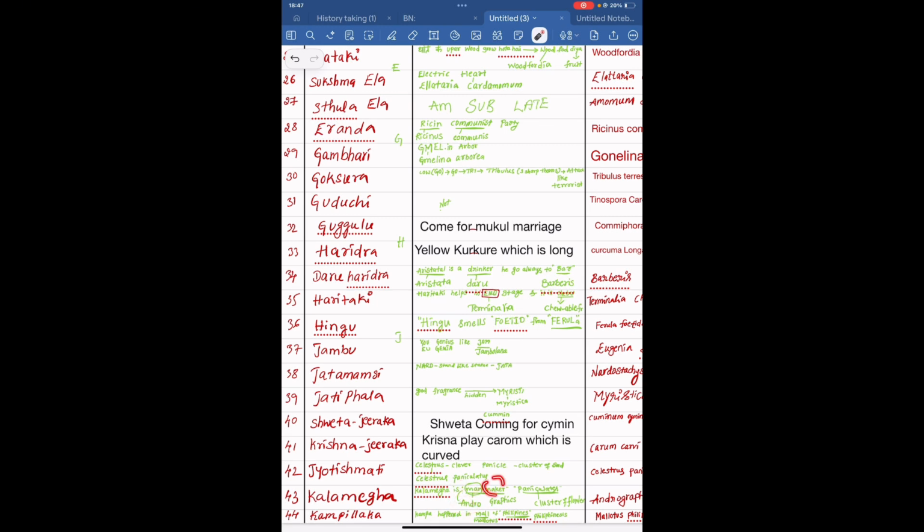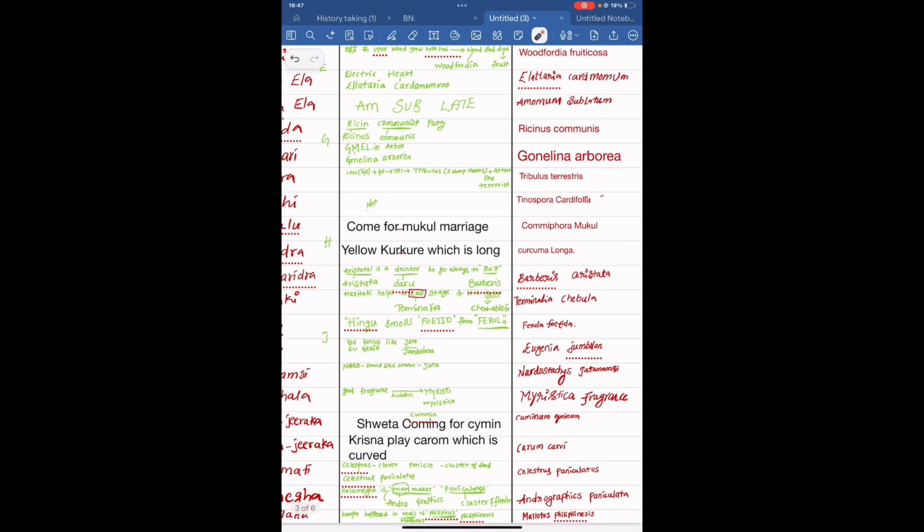Maker gives graphis: Andrographis. Paniculatus means clusters of flowers, as you saw clusters of seeds earlier, here clusters of flowers in Kalamegha. Kalamegha is a man maker paniculatus. It is Andrographis paniculata.